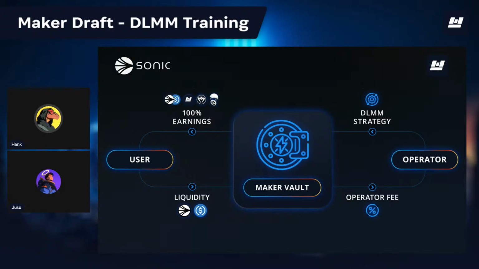The operator on the other side gets an operator fee. This is based on your liquidity. It's between 0.5 and 10%. The operator can set this fee, and it's on a yearly basis, and it's deducted with every rebalance. So it's kind of daily deducted, a small percentage point.